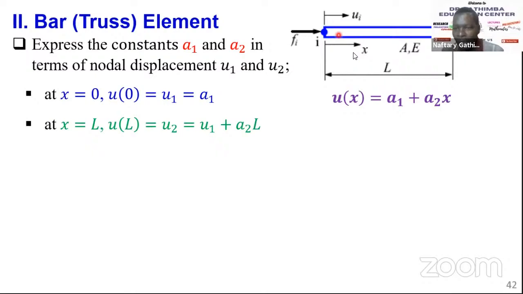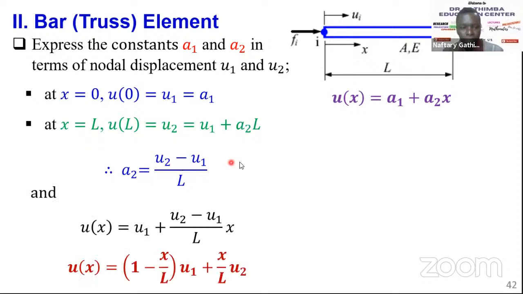At x equals L, at the other node, when you substitute L here, you get u2, which equals u1, because we already found a1 to be u1 in the first step, plus a2 L. And we can make a2, the other constant, the subject of the formula. Therefore a2 becomes u2 minus u1 over L.